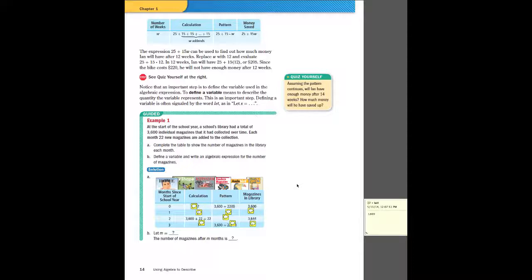Now what's going to happen in year 1? We started with 3,600. How much do we add in each year? Yes, that's right, it's 3,600 plus 22. And so what does the pattern look like there?